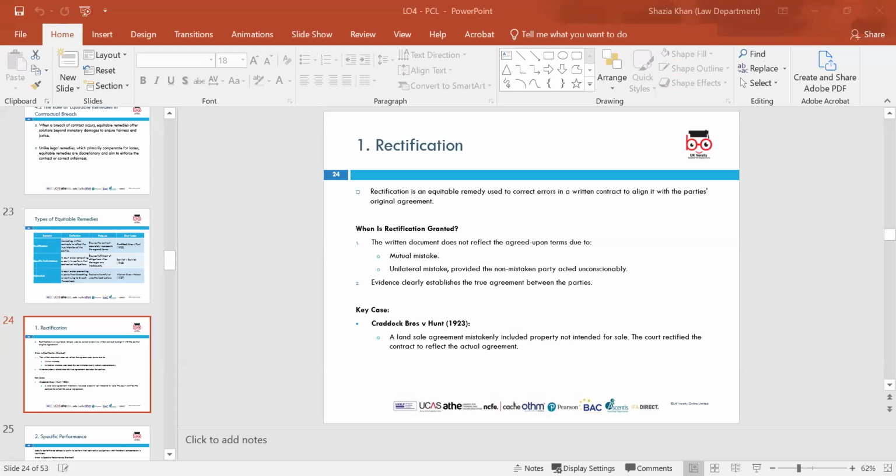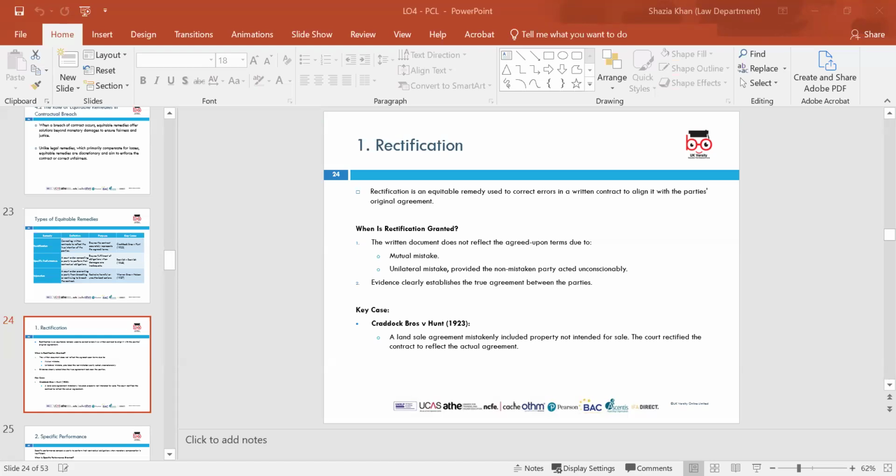Also, the case in regards to rectification is the case of Craddock Brothers and Hunt, 1923. Also, if parties agree to rectification, they may correct the mistake by entering into a deed of rectification. It is necessary to apply to the court for an order for rectification if either there's a dispute or the parties wish to ensure the rectification has retrospective effect.